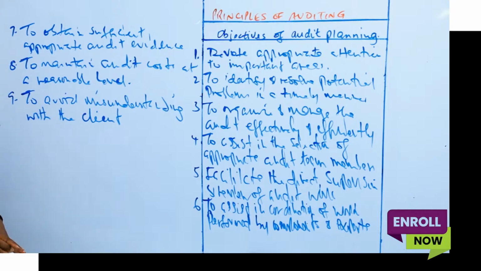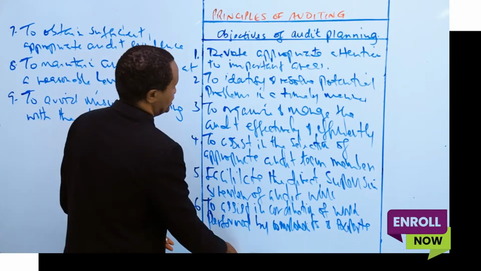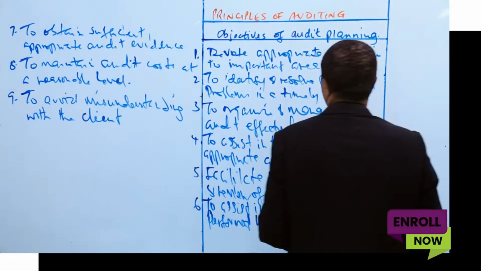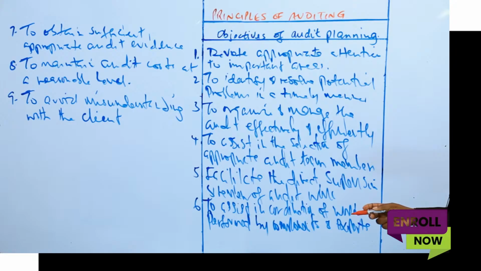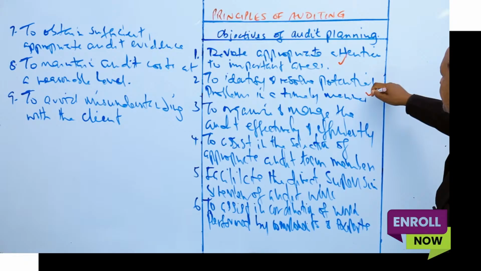So these are the 9 objectives of audit planning. The first one is to devote appropriate attention to important areas. Number 2 is to identify and resolve potential problems on a timely basis.